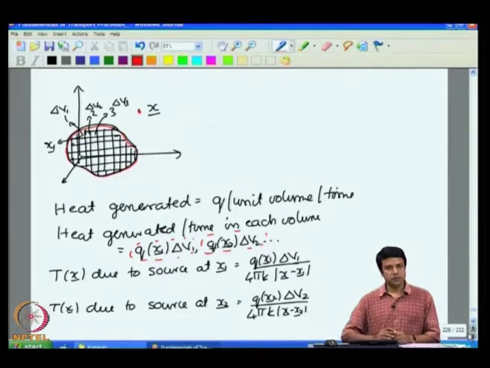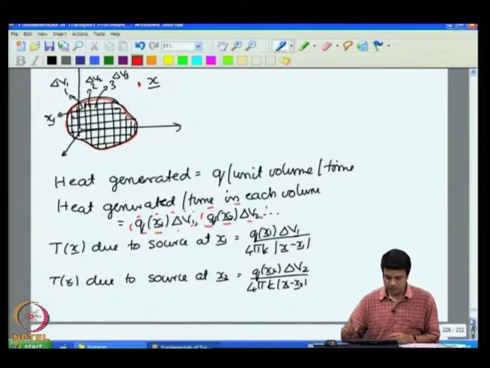And one can write down the temperature field due to a distributed source in terms of temperature fields due to point sources. I showed you how to do that. You divide the entire distributed source, that volume, into small differential volumes, each of which is emitting q times delta V. q is the energy per unit volume per unit time.